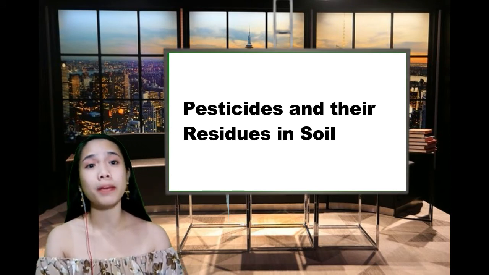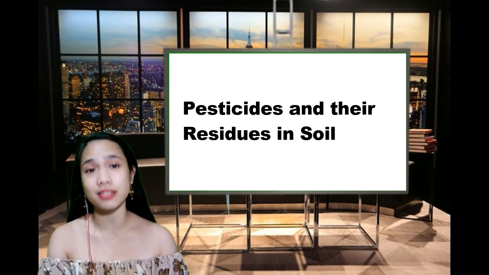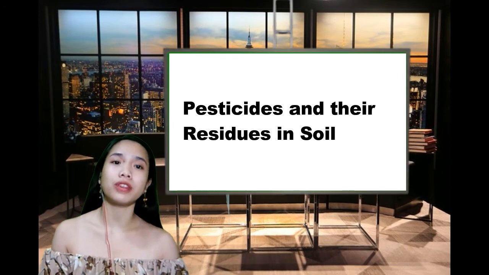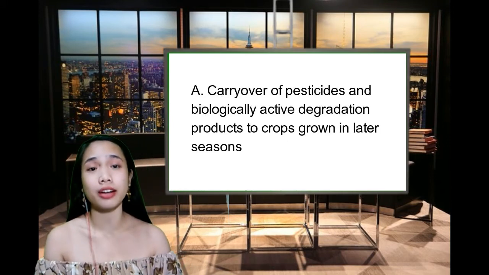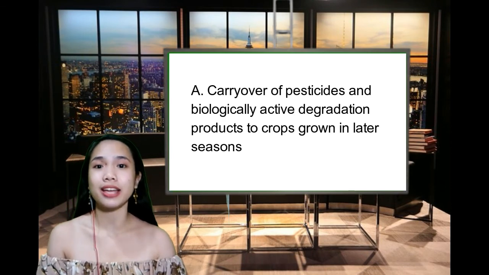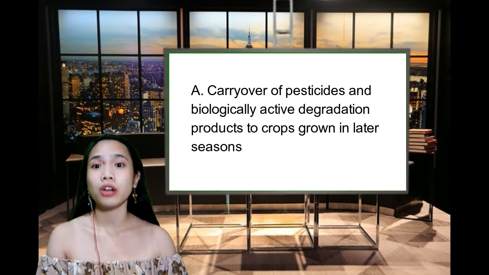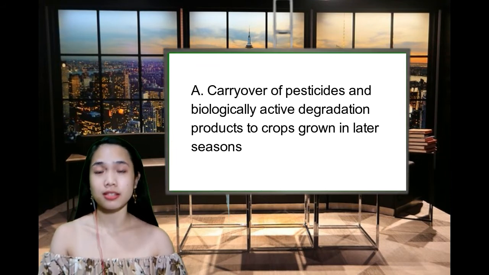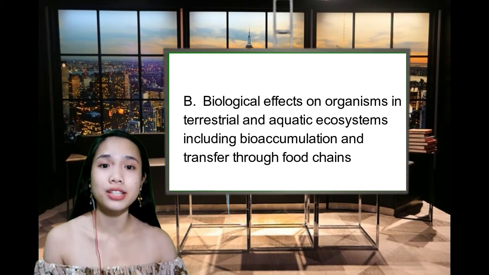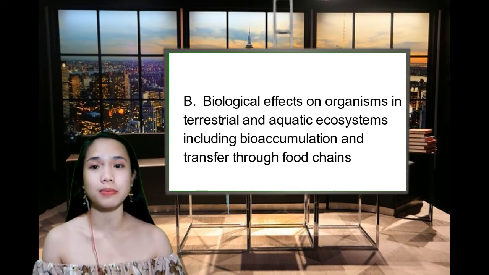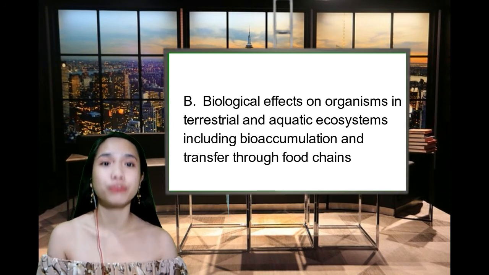However, there are four major concerns regarding pesticides in soil that need to be considered with respect to their licensing and their regulation. The first one is the carryover of pesticides and biologically active degradation products to crops grown in later seasons. The second one is biological effects on organisms in terrestrial and aquatic ecosystems, including bioaccumulation and transfer through food chains.